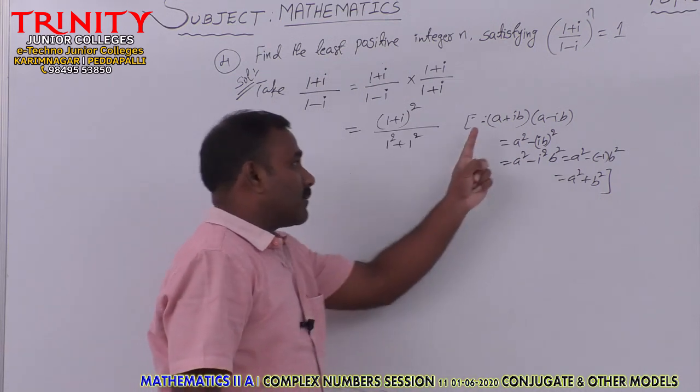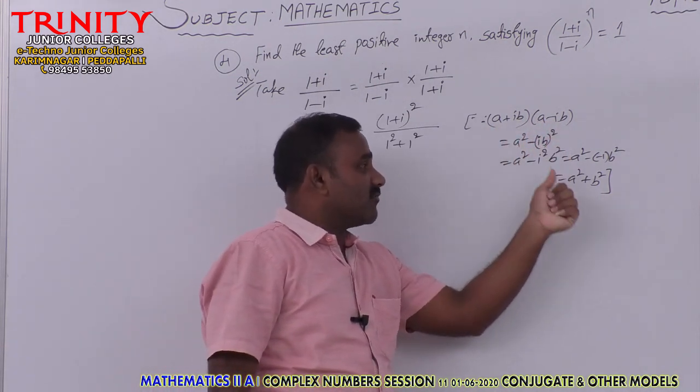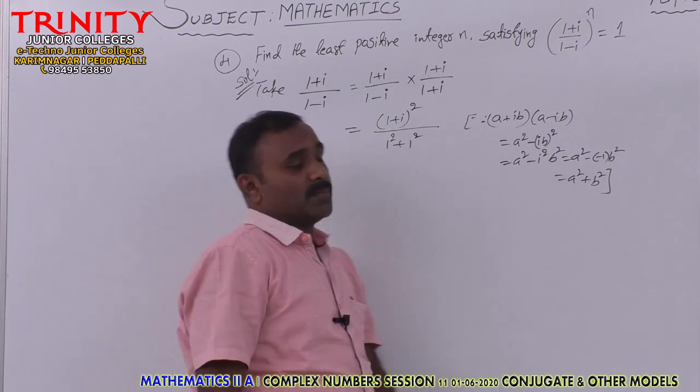That's why (a + ib)(a − ib) we always write as a² + b².